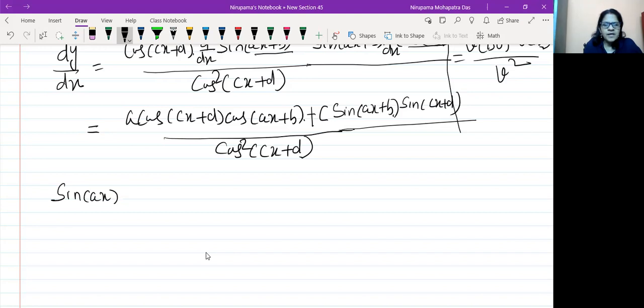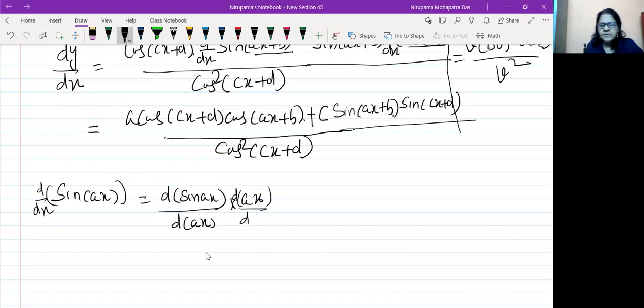Whenever you see sin ax, if I have to find the derivative of sin ax, meaning sin 2x, sin 3x, sin 5x, like this, in such cases what we do is derivative of sin ax with respect to ax into ax with respect to x. So derivative of ax with respect to x is a, and you are getting cos ax.